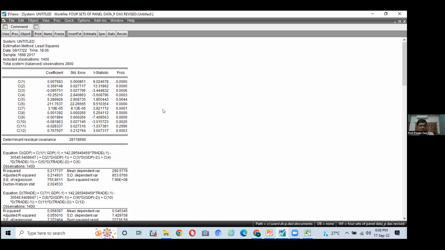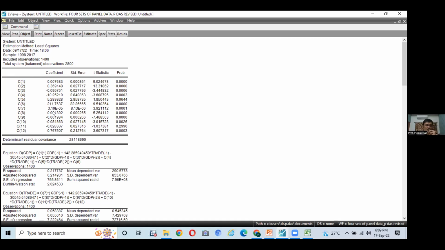The short run causality can be understood by the coefficients of the independent variable: trait first period lag and trait second period lag, that is C4 and C5. In the case of C4, the coefficient is negative. In the case of C5, it is positive. We are not able to get a final conclusion.